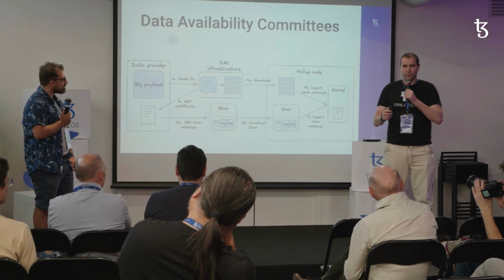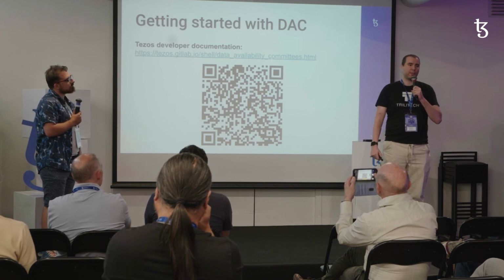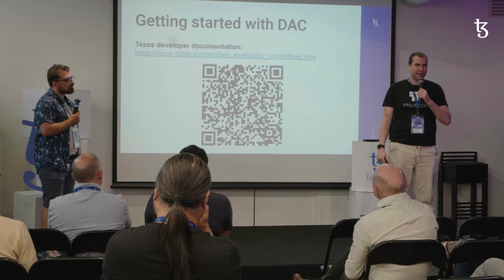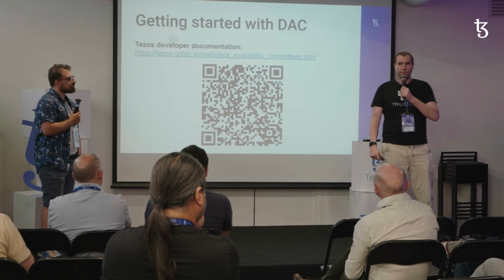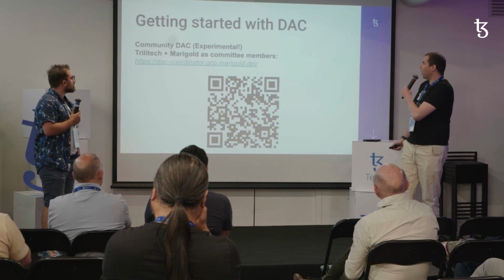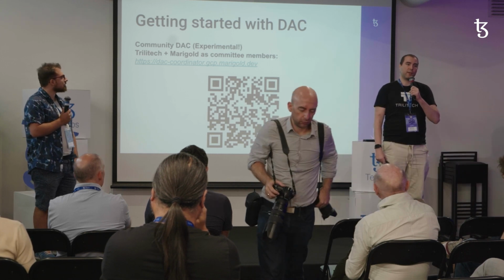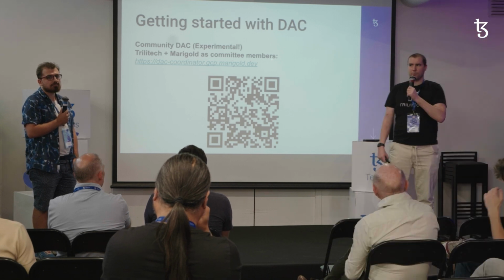Now, we have released technical documentation to get started with DAC. You will need to build your own infrastructure for running a DAC, and you can experiment with it. Or we actually are setting up a community DAC that I have to mention is not ready for production use, but you can start experimenting with that.